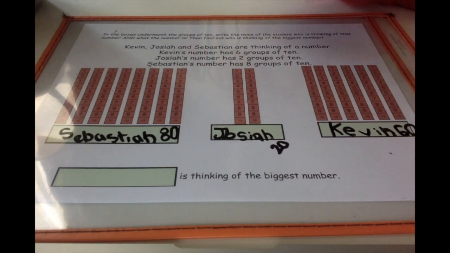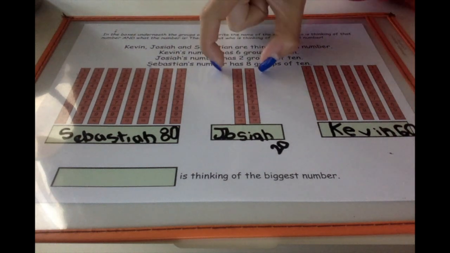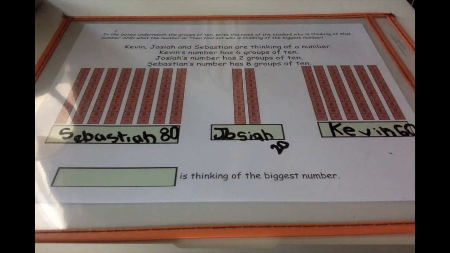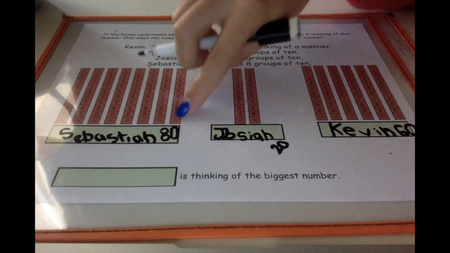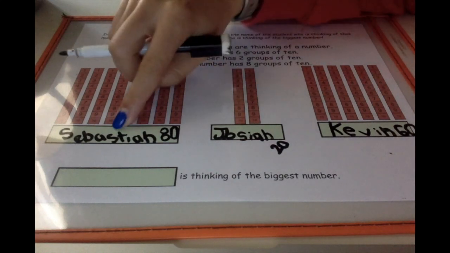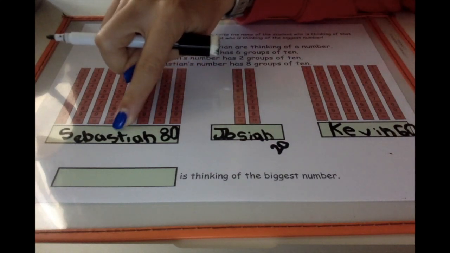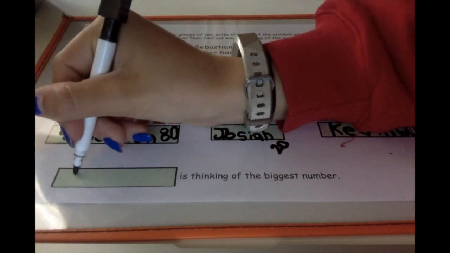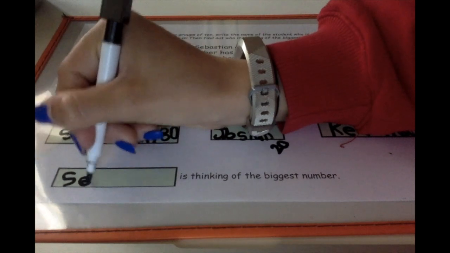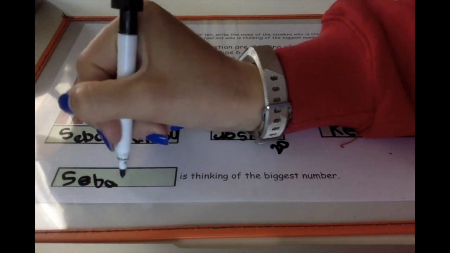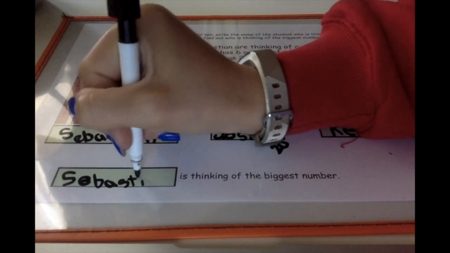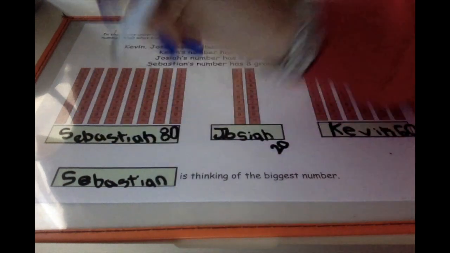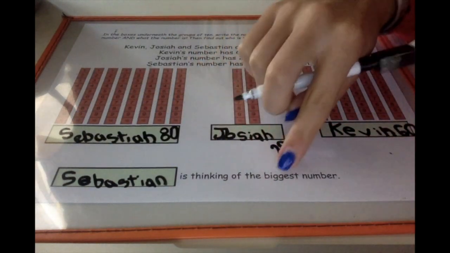Which is the biggest number? 8, 2, or 6? That's right, 8. And who was thinking of this number? Sebastian, that's right. So in this box, we're going to finish this sentence and say, Sebastian is thinking of the biggest number.